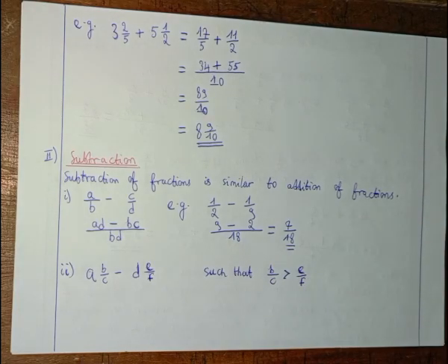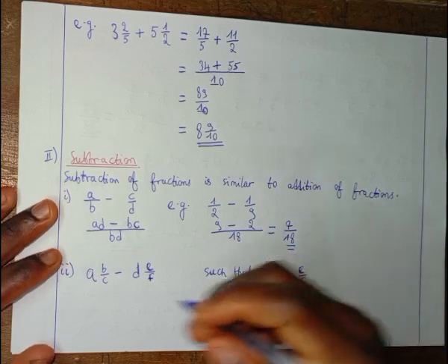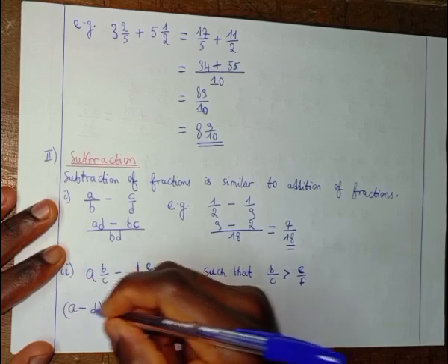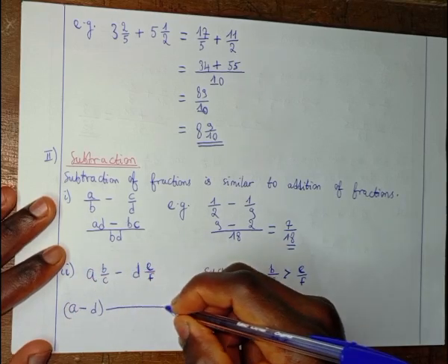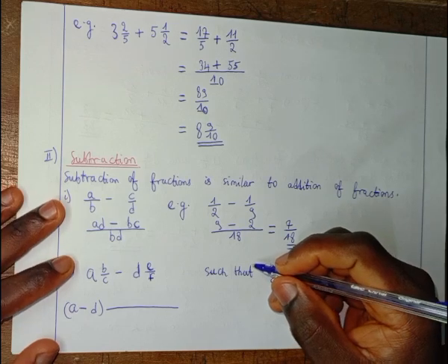For us to subtract these two fractions, first thing, we are going to start by subtracting their whole number parts. We are going to take a minus d. We draw our vinculum. We find the LCM of their denominators.